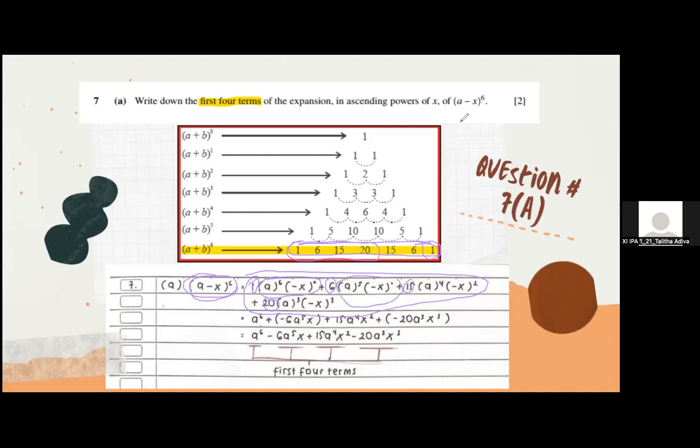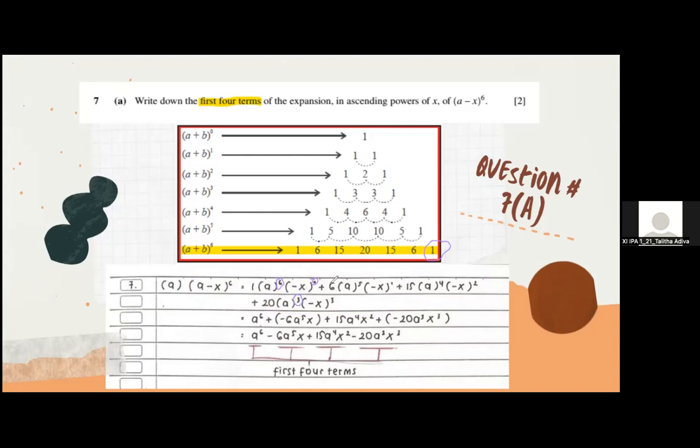As you can see, the power of the expansions for the a variable is counting down from 6 to 0. It must go to 0, but because we don't have to count until the very last term, it only shows until 3.